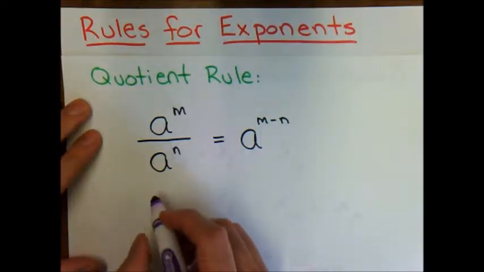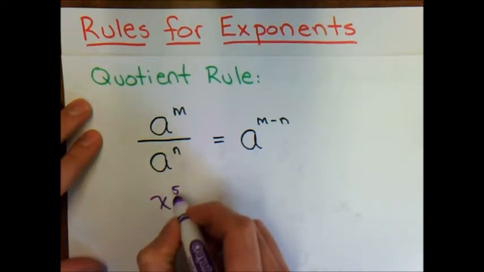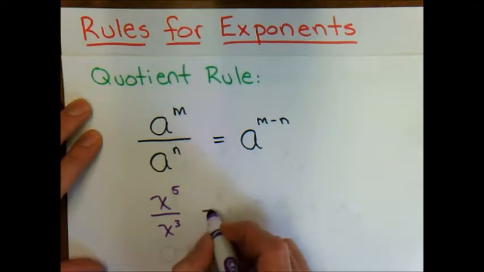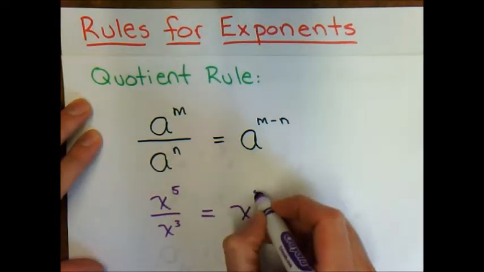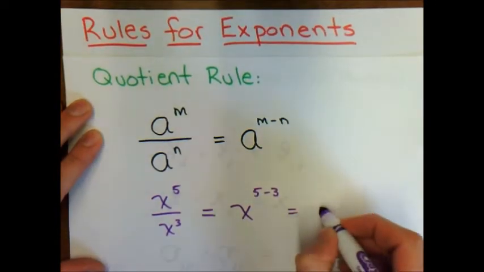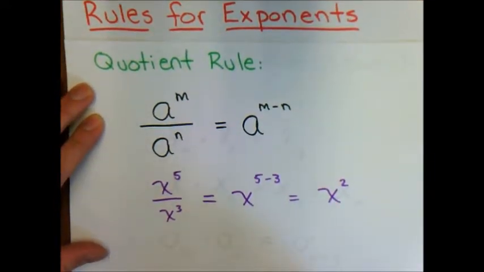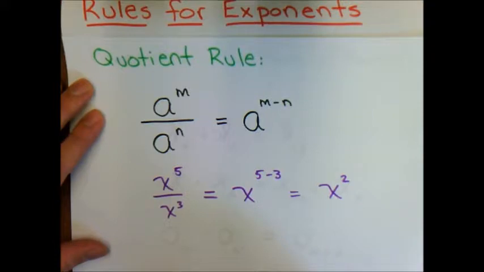First, an example with the greater power in the numerator, x to the power of 5 over x to the power of 3, simply x to the power of 5 minus 3, which is x squared. Now an example with the larger power in the denominator, we could have y to the power of 4 over y to the power of 9.